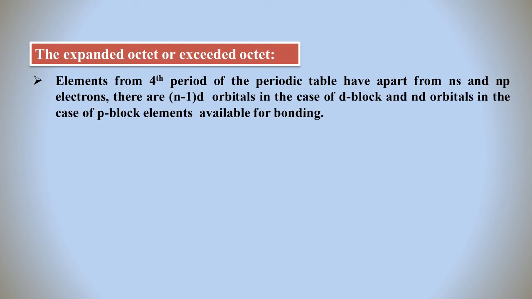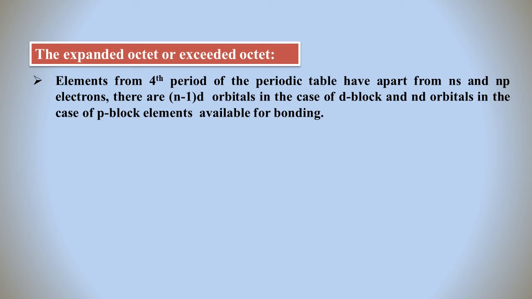So if we are filling ns and np, in d we have n minus 1. Starting from 4, we have 4s, 4p, and 3d orbitals. In the case of d orbitals and nd orbitals in the case of p block elements, they are available for bonding.